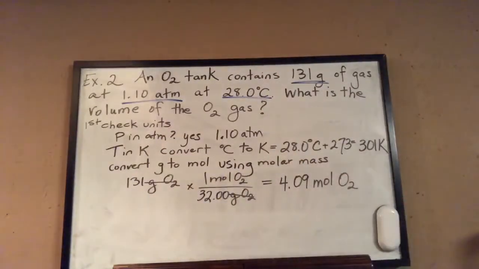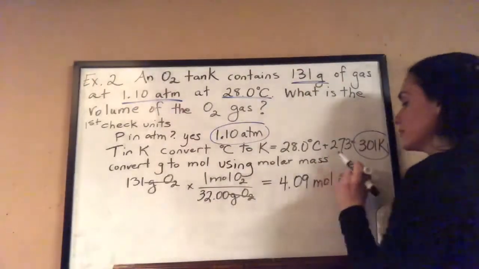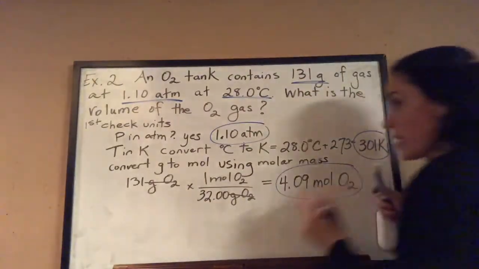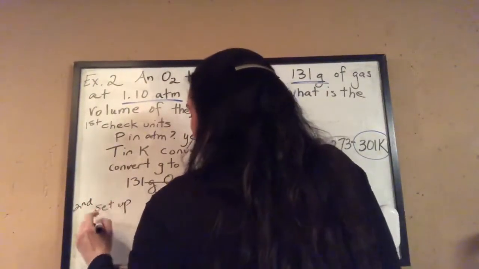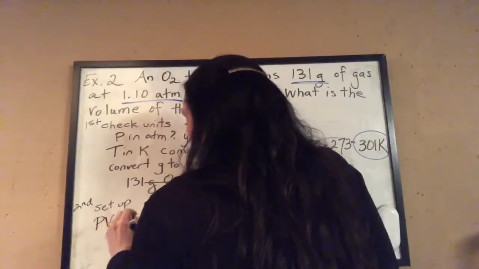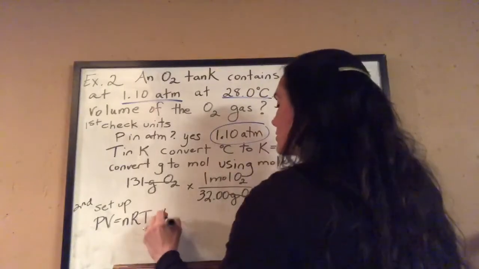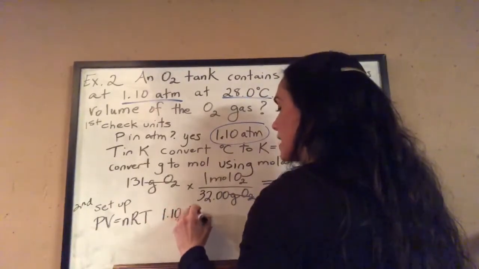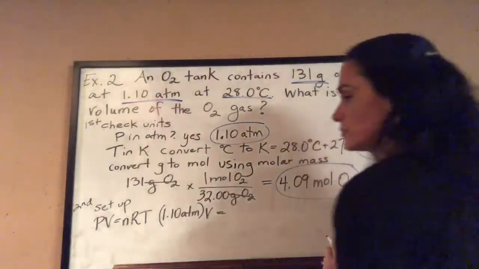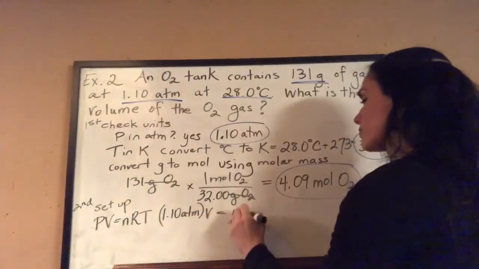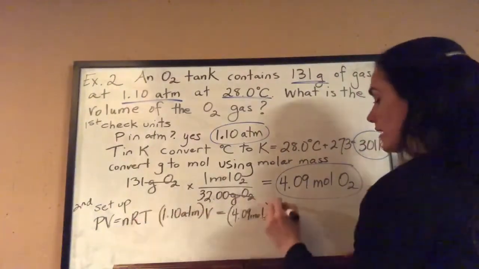So we have this information that we're going to now plug into the ideal gas law. Do we have the pressure? Yes, 1.10 atm. Do we have the volume? No, that's what we're asked to find. Do we have the moles? 4.09 moles. Do we have the ideal gas constant? You bet.